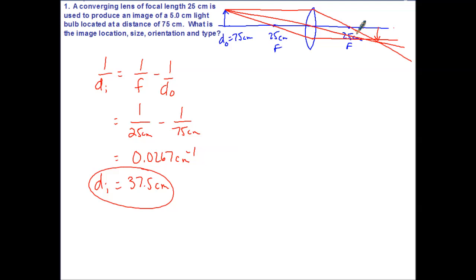What is the image location? There we go. What's the size? Well, size is going to be from magnification, so negative DI over DO.